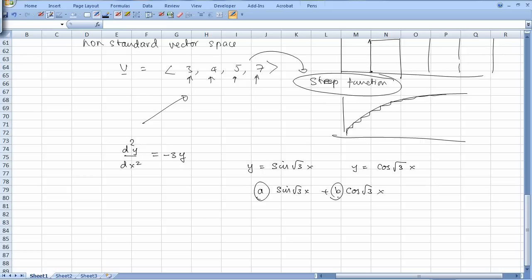Notice that I have scaled the two things. I want you to understand that the set of all solutions to a linear differential equation is a vector space.